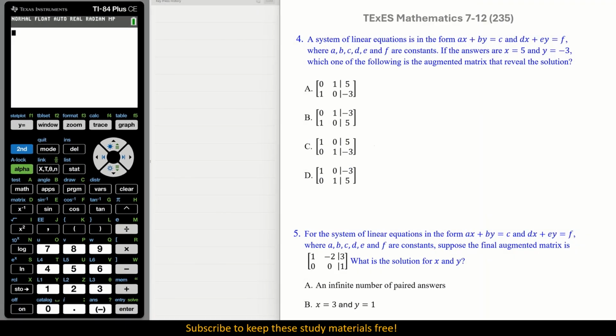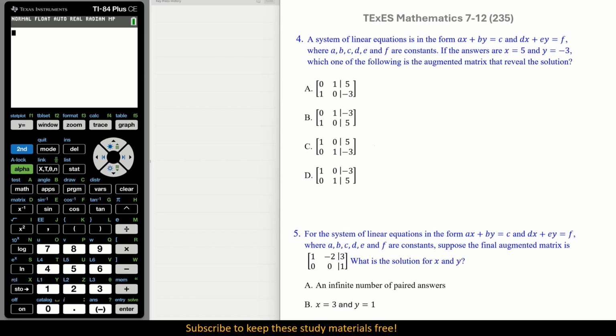Number 4, a system of linear equations is in the form ax plus by equals c and dx plus ey equals f, where a, b, c, d, e, and f are constants. That means they're either a constant or a coefficient, okay?